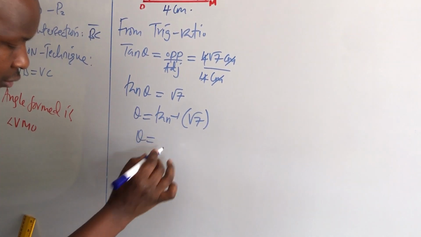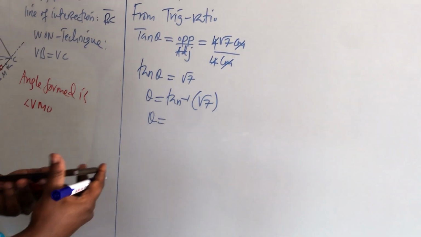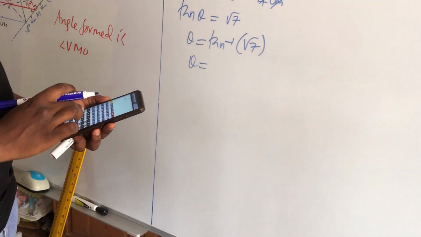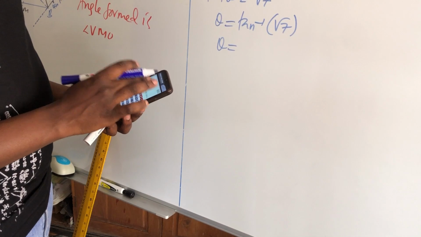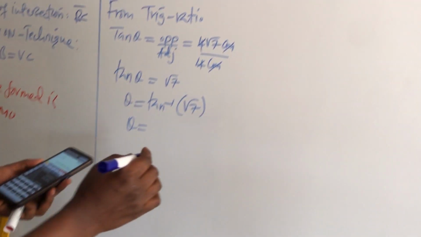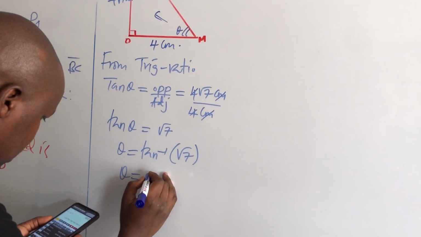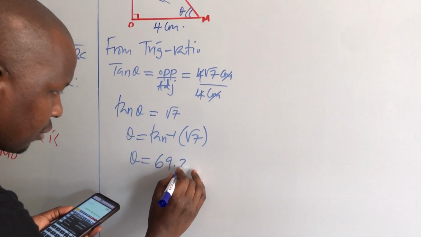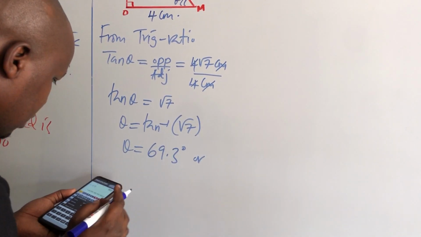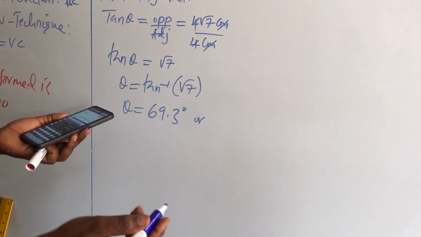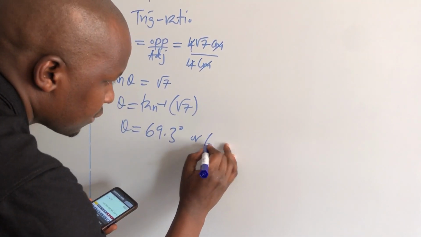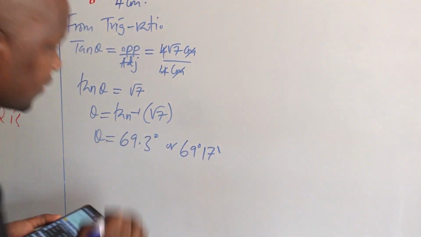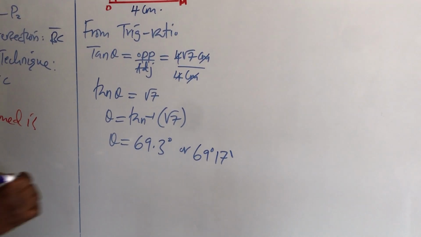From our scientific calculator, shift tan of radical 7, this is approximately 69.3 degrees, or when we express it in degrees and minutes, 69 degrees 17 minutes.